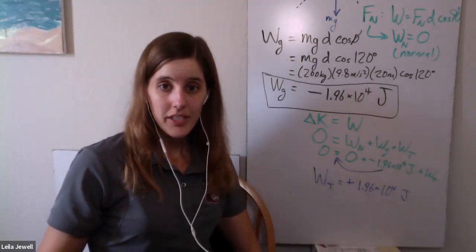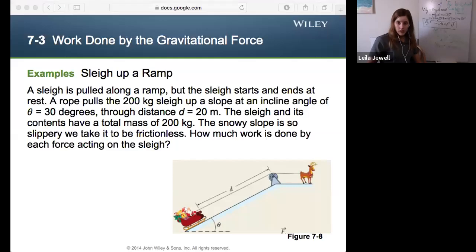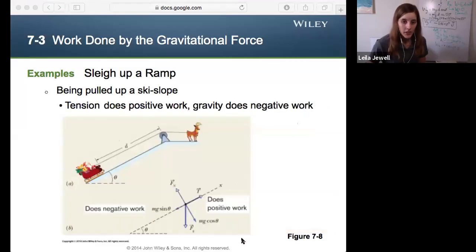And that is shown in the figure. If we go back to that for a moment, we have a nice synopsis here with all the forces. There we go. That the tension is doing positive work versus the force of gravity is doing negative work. And you could incidentally do this calculation with just the component of the force of gravity that's along the x-axis.